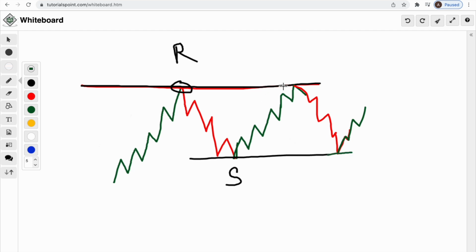So these places where the price takes resistance more than once, we refer to as a level where there is strong resistance. And the same thing on the downside, when we are reversing, if the price has taken support at multiple points, we refer to it as a strong support area.